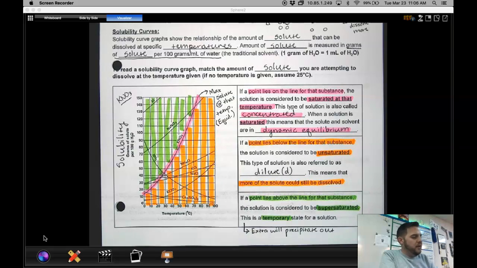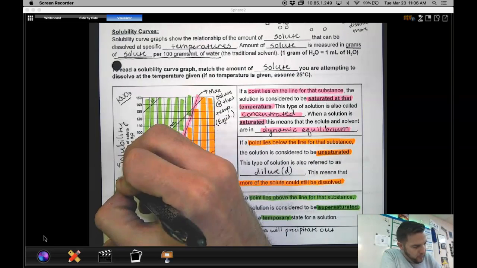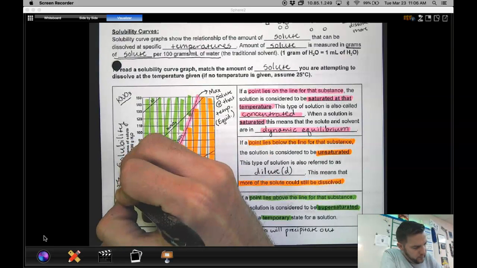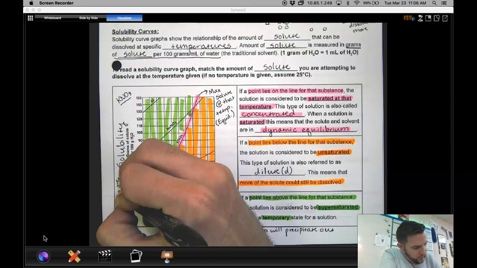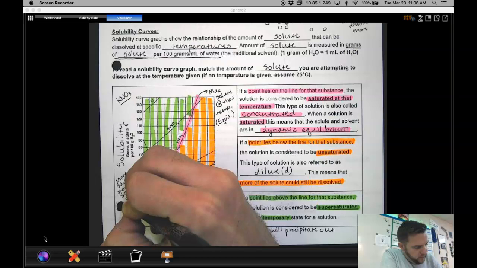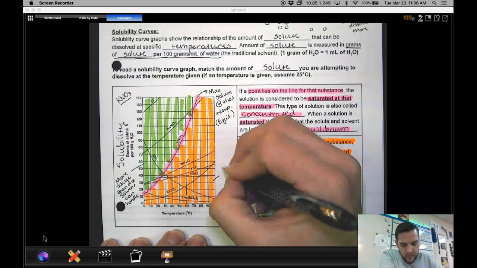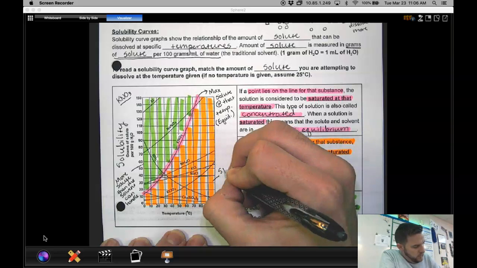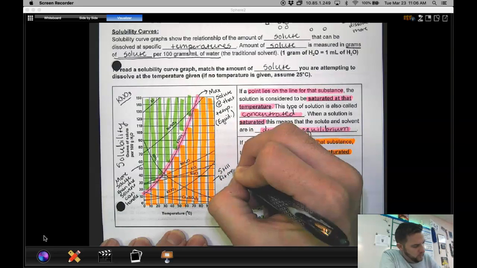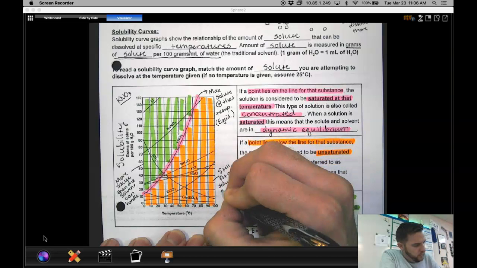So what we're really saying is, if I'm in the green zone, I have more solute than the solvent can handle. If I'm in the orange area, I can still fit more solute in the solvent.